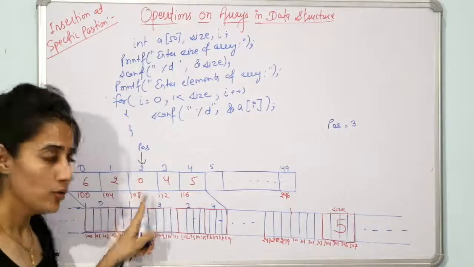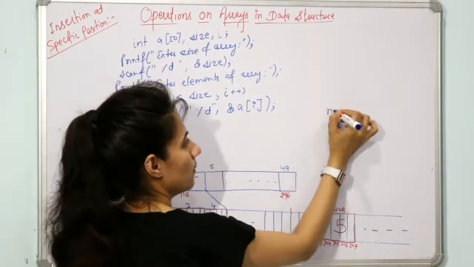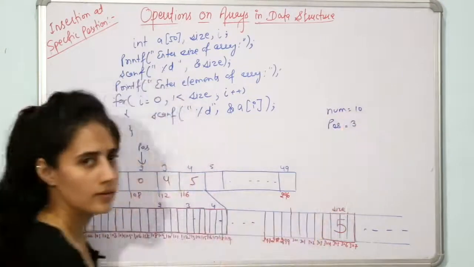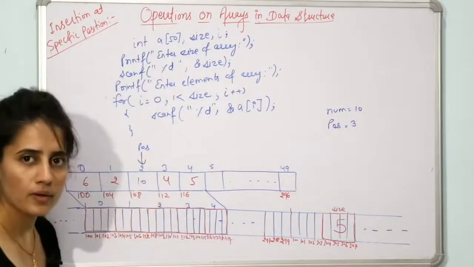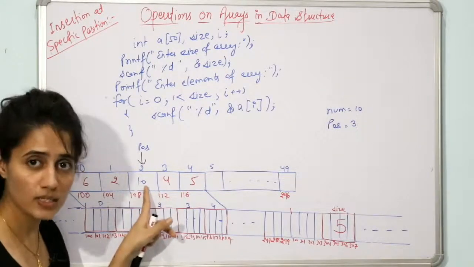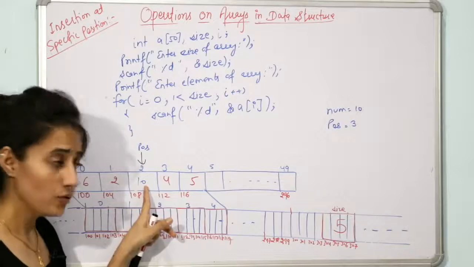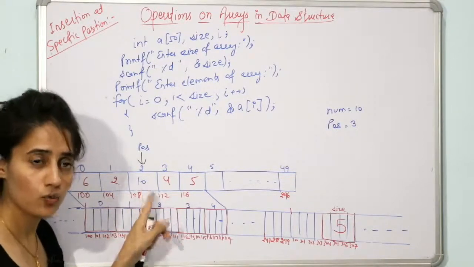So now what can you do? Can you directly store a value? Suppose I want to store the number 10. So if I store 10 directly here, then what will happen? Then you will lose 0, and that should not be the case. Fine. We want all the previous elements as well as some extra element that we want to insert.